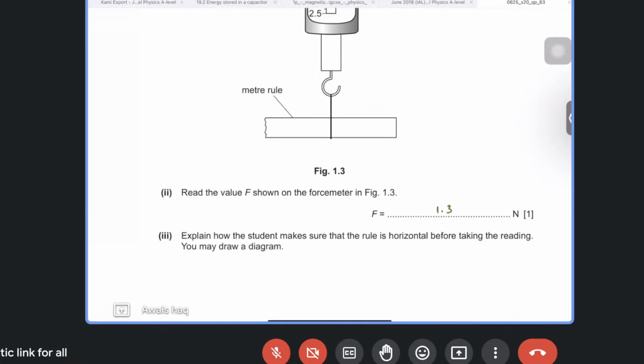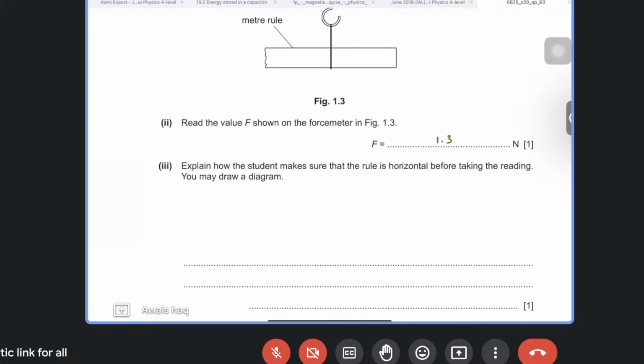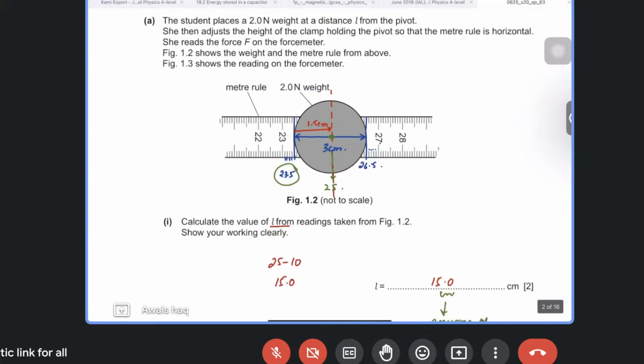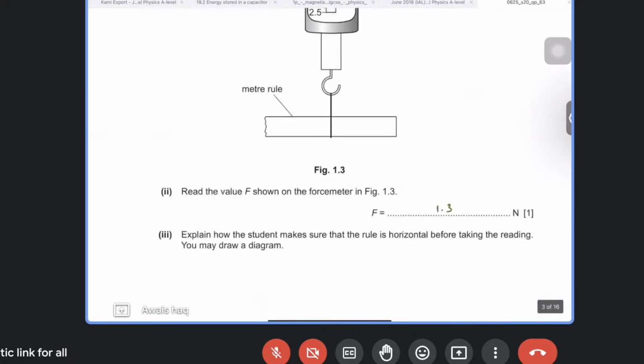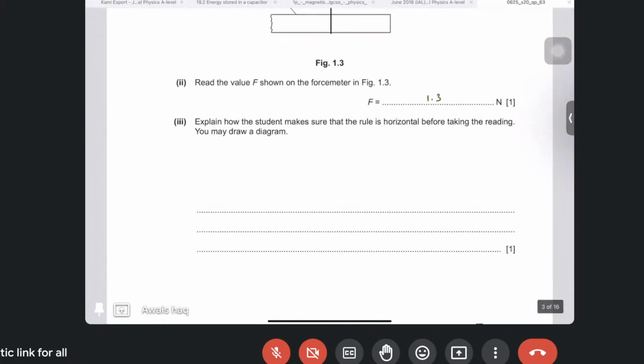And then explain how the student makes sure the ruler is horizontal before taking the reading. There are a couple of things. Can we say to use a set square? Generally that's what we do. There are two objects that we use whenever you want to check the level of anything.